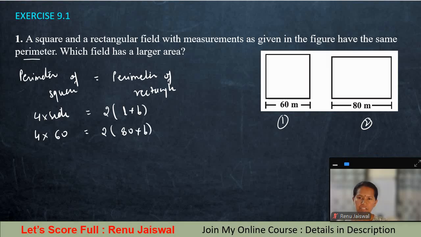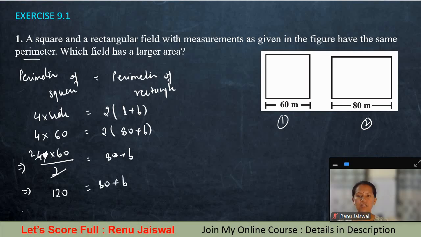Next I can transfer 2 to the left side, so 4 into 60 divided by 2, and it is 80 plus breadth. 2 ones are 2, 2 twos are 4, so it is 120. 120 equals 80 plus b. Transfer 80 to the left side, we get 120 minus 80, which is b, and finally b is equal to 120 minus 80, which is 40 meter.